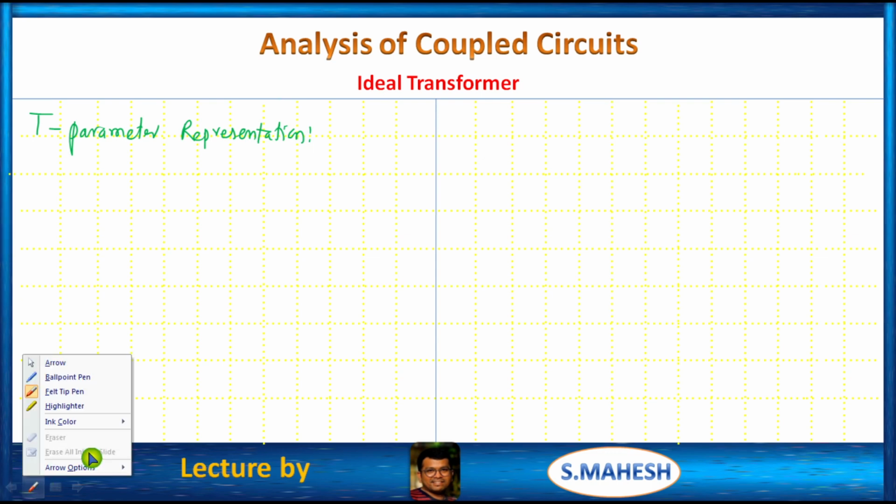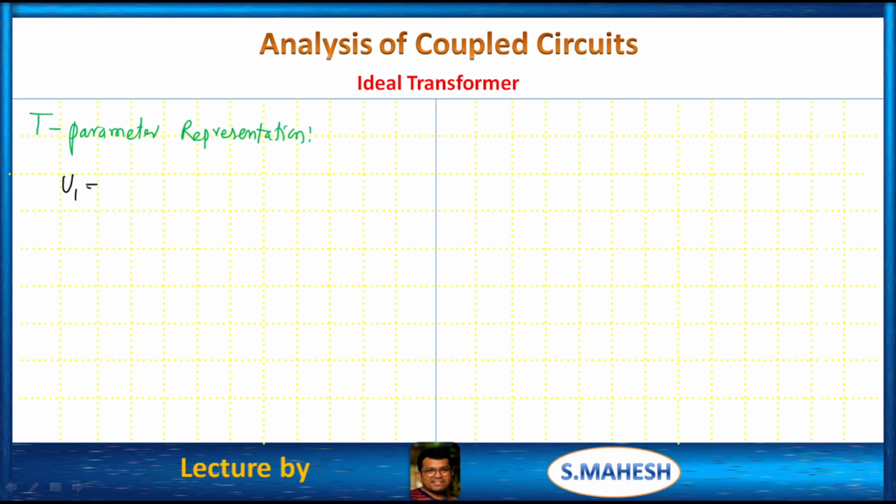In this, what do we have? V1 equals N V2 minus 0 I2, and what about I1, which equals 0 V2 minus 1 by N I2.